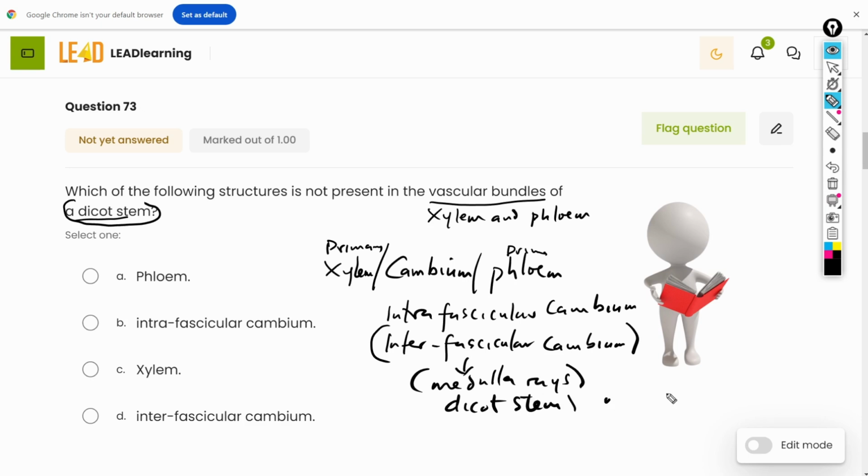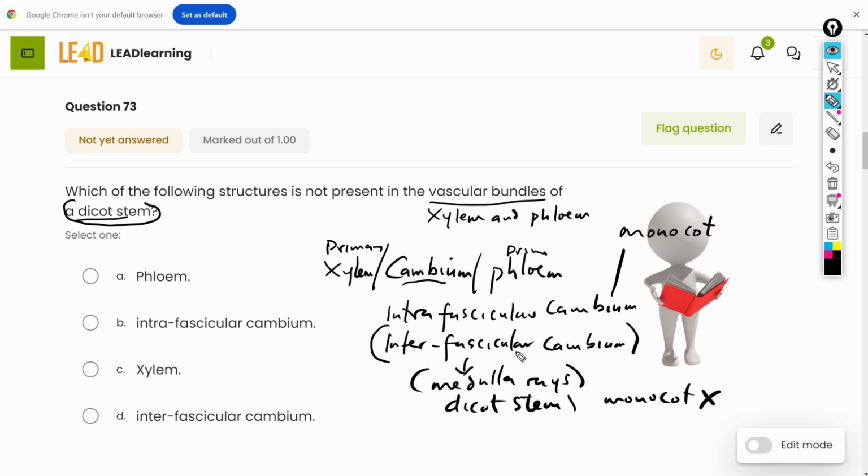So what I'm saying in a nutshell is that interfascicular cambium is found in a dicot stem, while intrafascicular cambium is found in a monocot stem. And the distinguishing feature here is not where the cambium is located. No, it is the formation of a medullary ray.